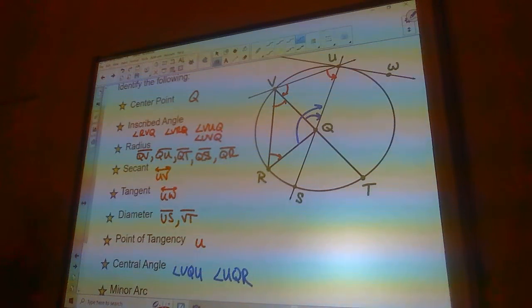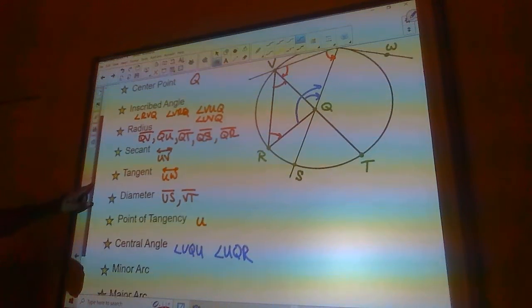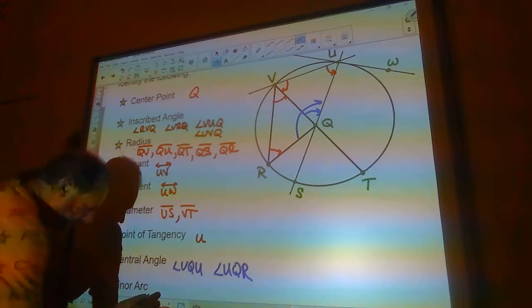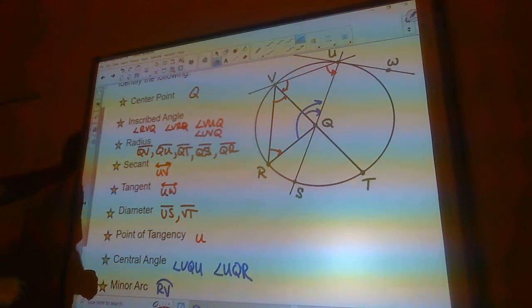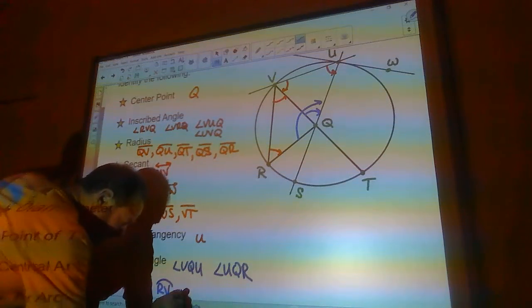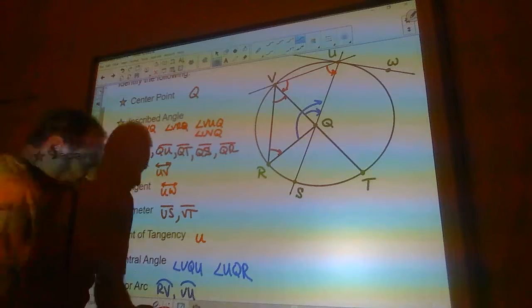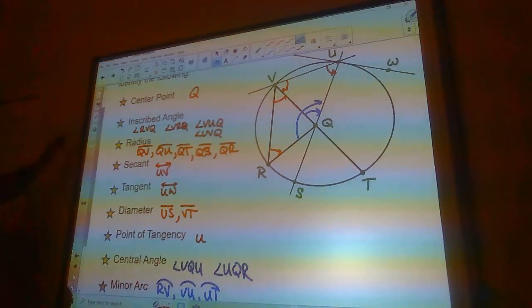A minor arc. There's a couple of different minor arcs in here. In fact, there's 5. There's probably more than that. So I'm not going to name all of them, but one of them would be arc RV. VU would be another one. UT would be one. So there's a bunch.